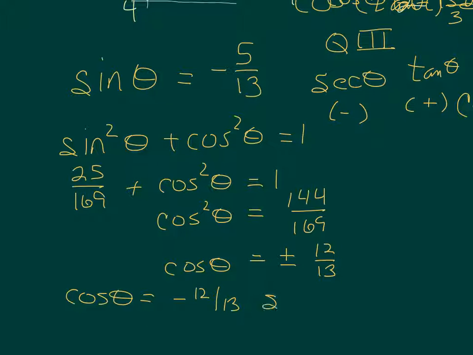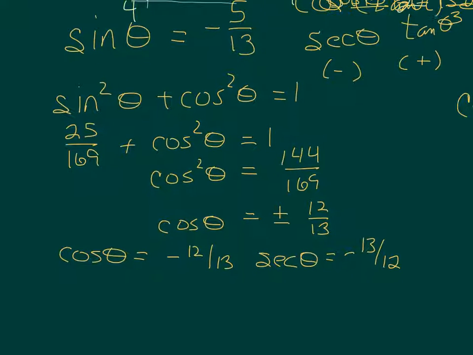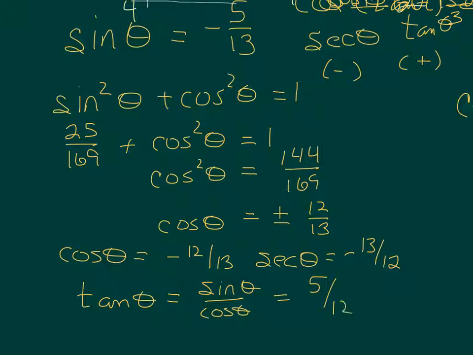So the secant is negative 13 over 12. And the tangent of theta is sine over cosine. So it's 5 over 12, yes.